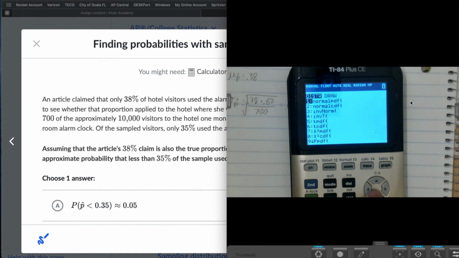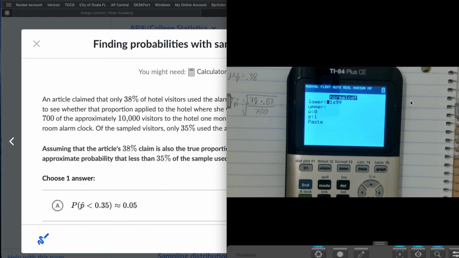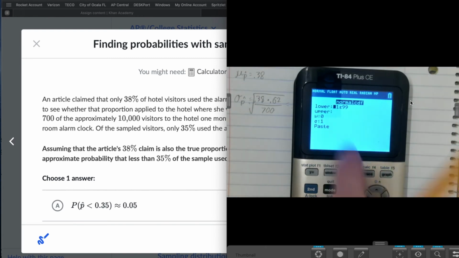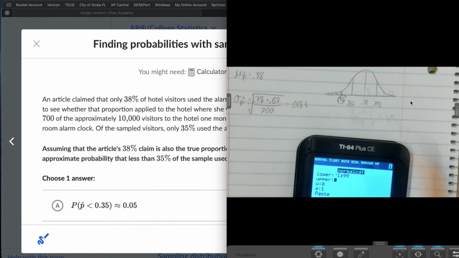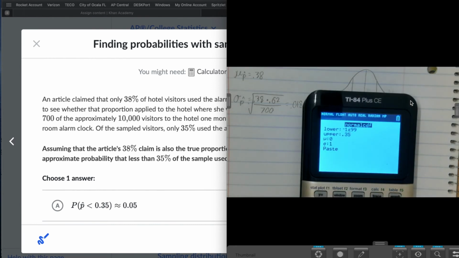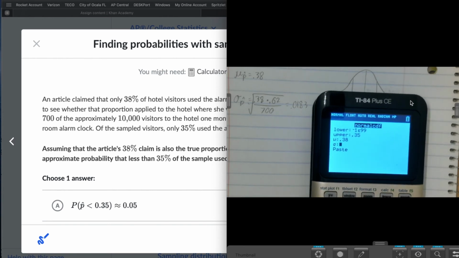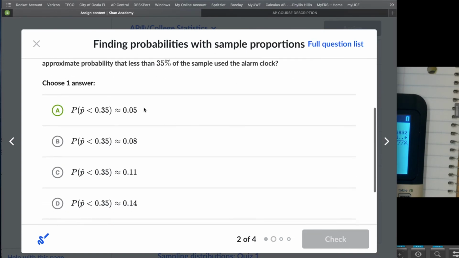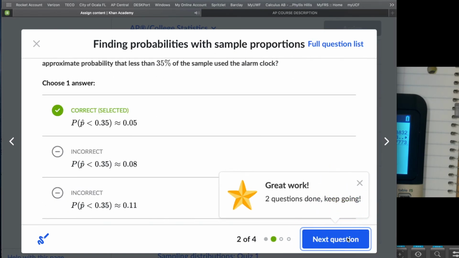We are going to go back to the normal CDF. And our lower is just going to be that really big negative number. Our upper is the 0.35. Our mean is 0.38. And our standard deviation, we should be able to use the rounded amount. Should be close enough. So I get 0.0505, and so that means A is the correct answer choice.